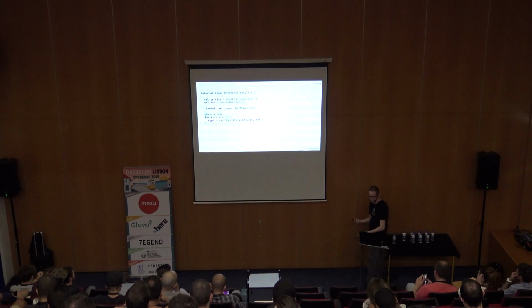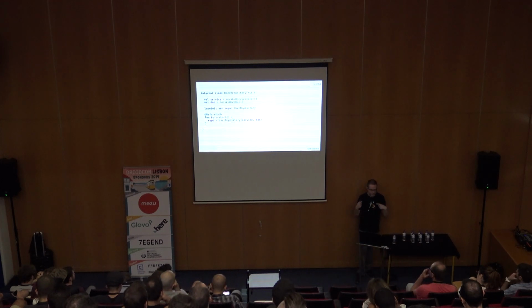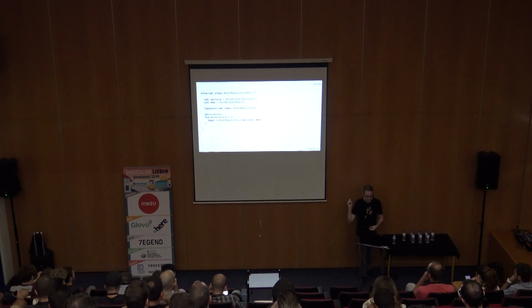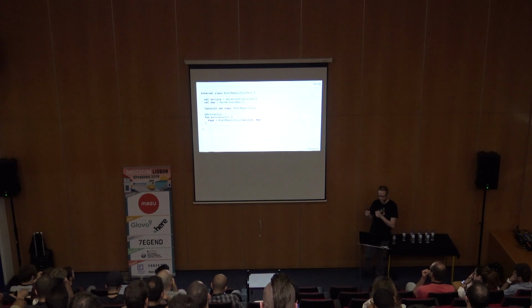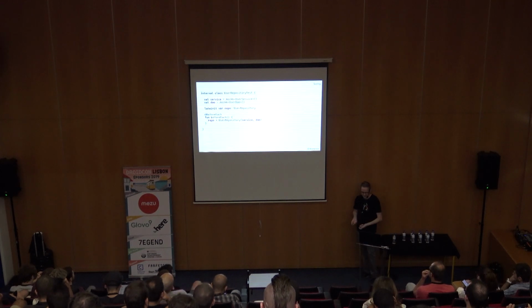You need the service and you need the DAO in order to create the repo. You'd have to create these objects yourself. I'm using MockK, which is awesome, and you've got to create all this boilerplate in order to generate your dependencies.